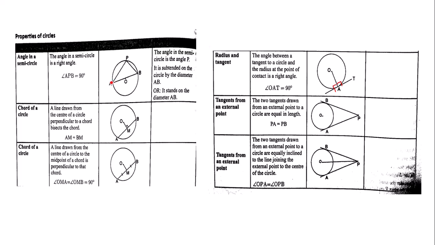This one at point A, this one at point B, and this one at point P. The angle that is 90 degrees is angle APB. That's this one, the angle on the circumference.